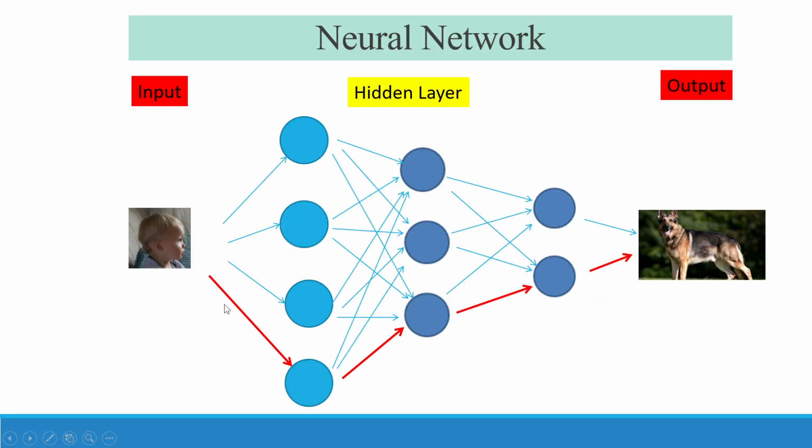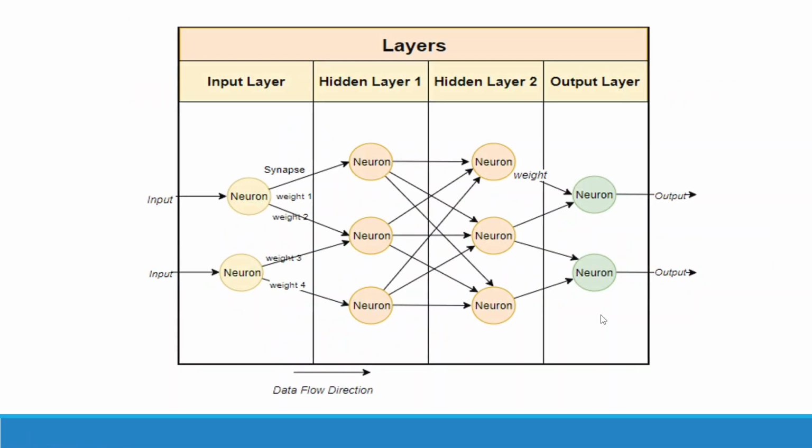So this path will get more weightage than others so that the identification can be done properly. So it is known as prediction. The path which is connected from one neuron to another neuron is a synapse and it will have some weight.